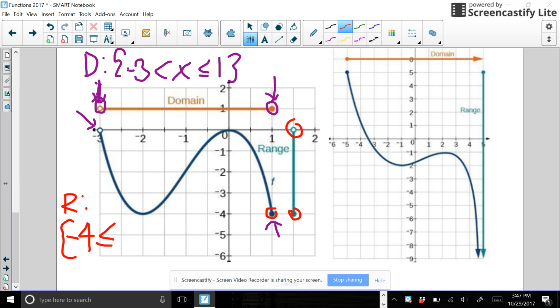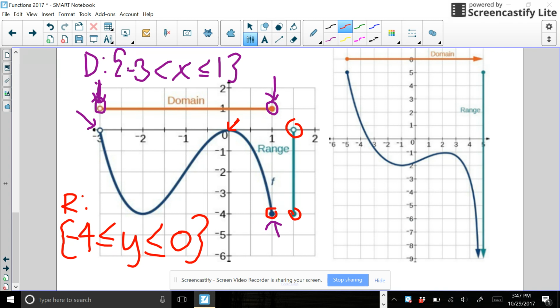Less than or equal to because we have a closed circle, y, and an open circle at the top, less than 0. So our range is -4 is less than or equal to y, which is less than 0. Now, if I look at this spot right here, I might argue that this should be an or equal to, but I'm going to follow their picture.